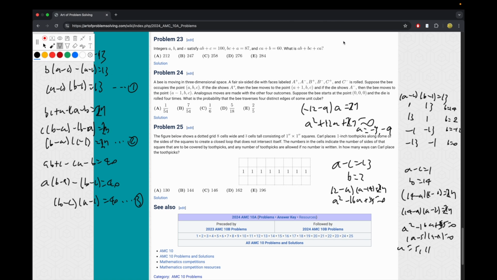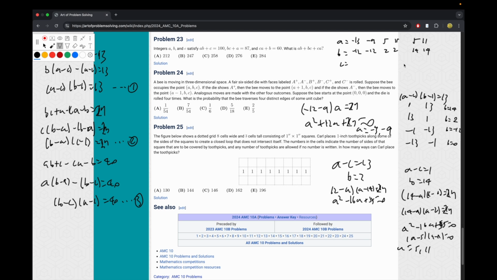So you have A equals negative 3, negative 9, 5, 11, and 5, 11. We have 6 cases in total. And in each case, B is equal to 2 for these, and it's negative 12. This one should be 14.